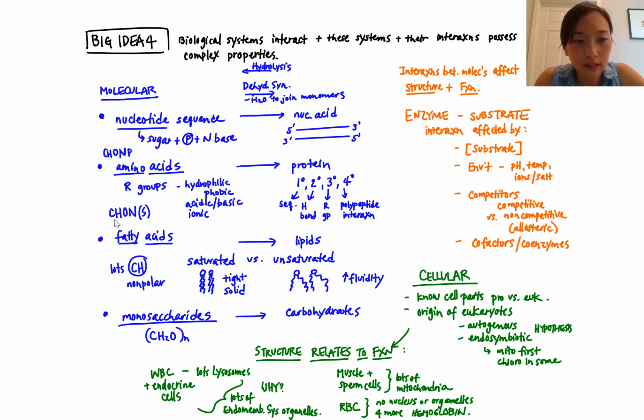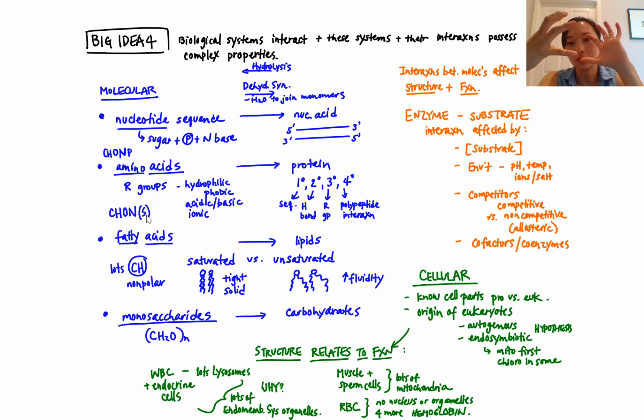The elements present in amino acids are carbon, hydrogen, oxygen, nitrogen, which is part of the amino group, and certain R groups like cysteine have a sulfur in their R group, and the sulfur of another amino acid can actually form a disulfide bridge, which is a really tight linkage.